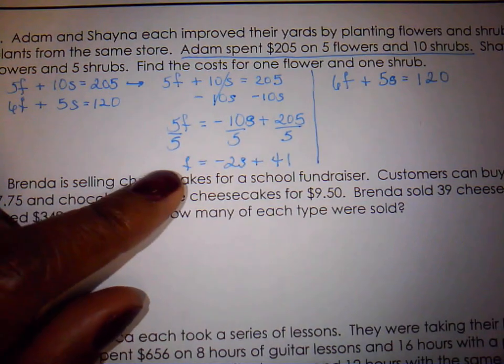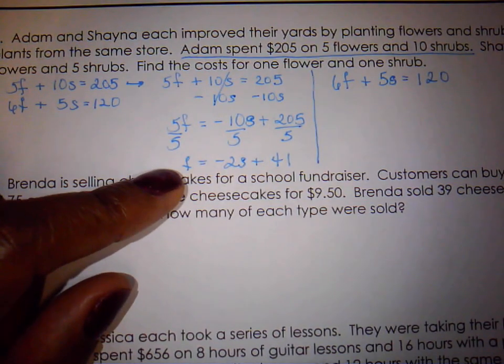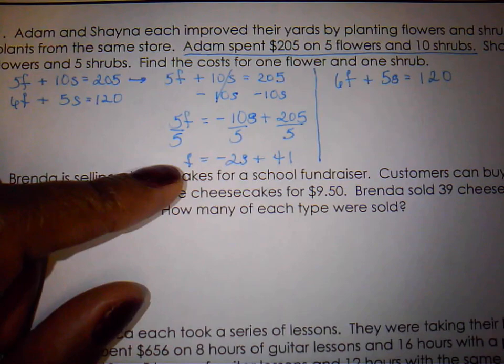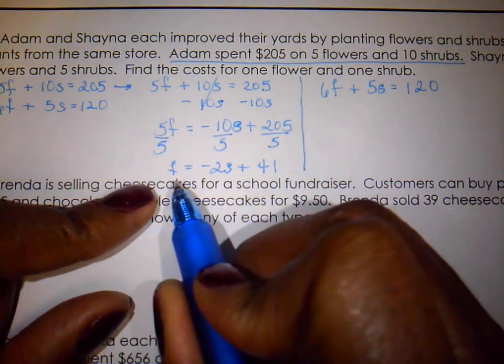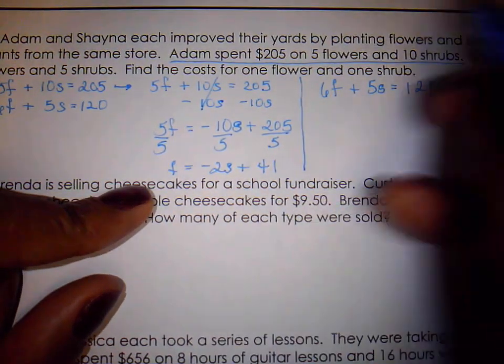And everywhere I see an F, I'm going to replace it with negative 2S plus 41.